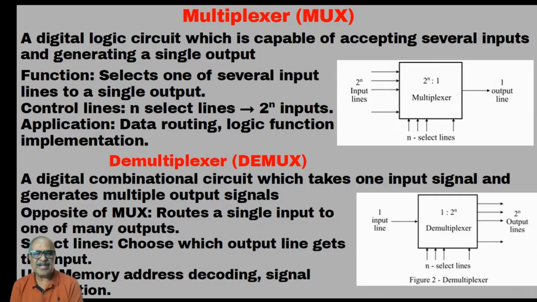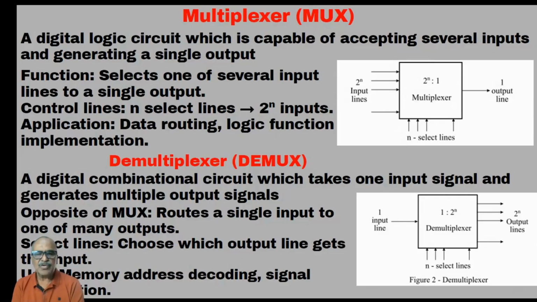The same thing in reverse is the demultiplexer, also called DEMUX or DMUX. It is a digital combinational circuit which takes one input signal and generates multiple outputs. In the previous case it was multiple inputs, one output. Here, one input, multiple outputs. These concepts you have to remember.